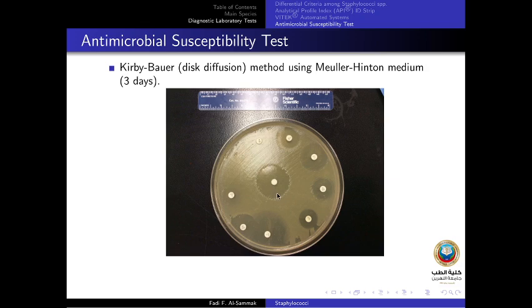So measurement is very important, should be accurate, and it should be compared to tables, a database that is updated. According to that number, we know whether this strain is sensitive to that antimicrobial or not. So if it is sensitive, then we are going to use this antimicrobial. The physician will consider that antimicrobial in a prescription for treatment.